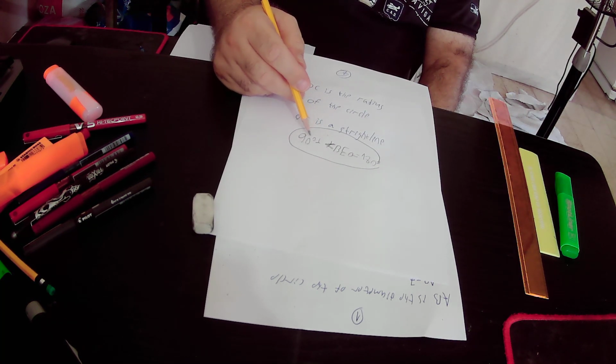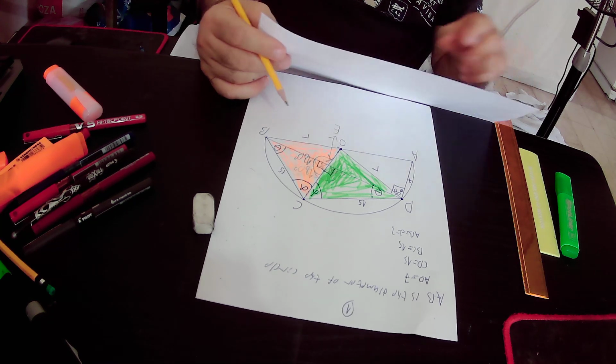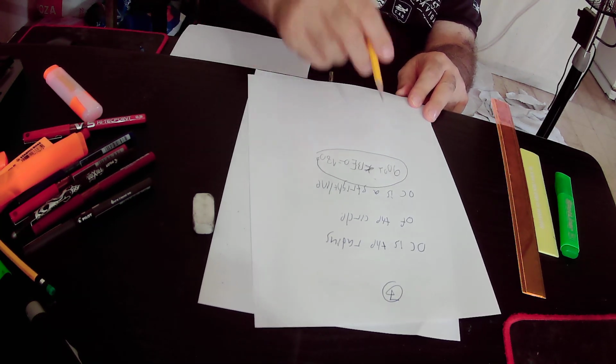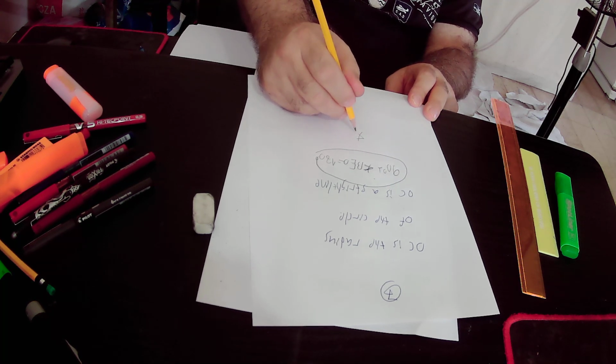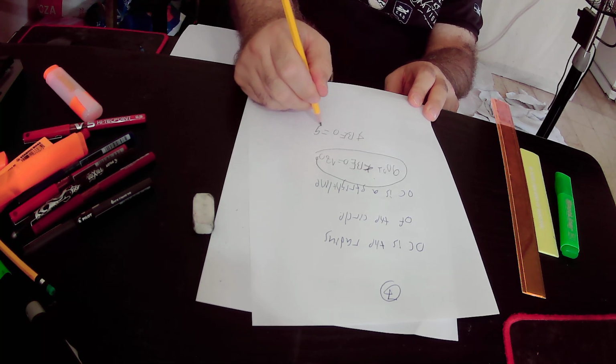If we subtract 90 degrees from this equality, we will get that angle BEO equals 90 degrees.